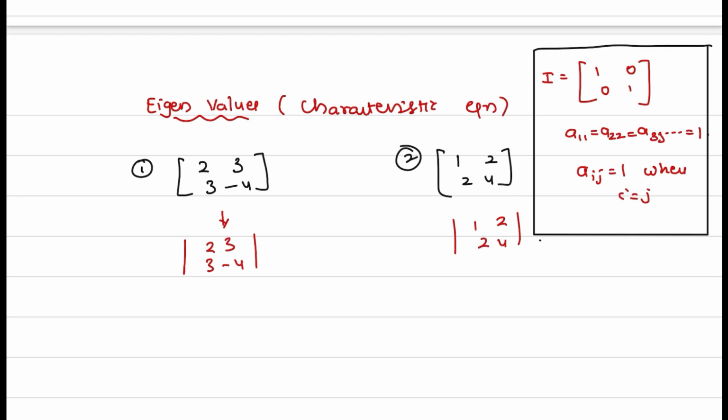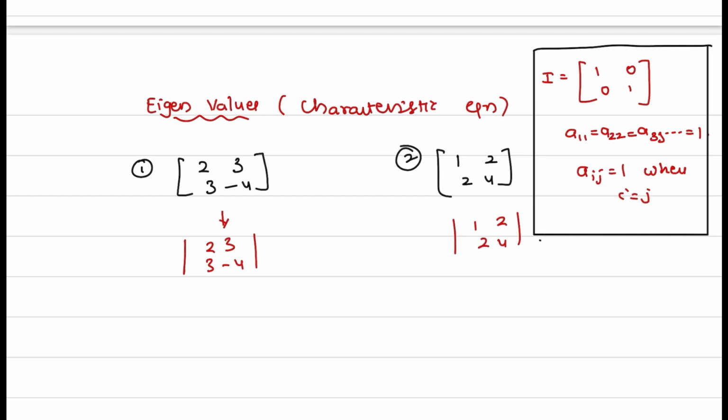Now, you cannot add or subtract a plain number from a matrix. You have to add or subtract a matrix from a matrix. Hence, matrix plus 3 is not possible, but matrix plus 3I is possible.